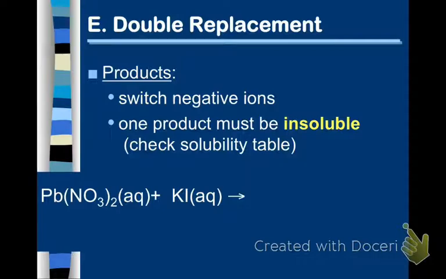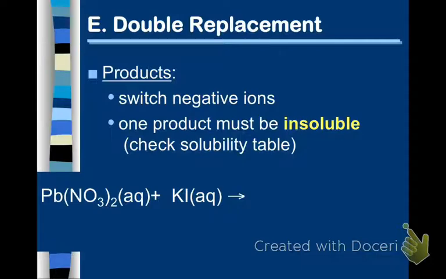Single replacement, check the rules, then form your products. In double replacement, form your products, then check your rules. In DR, you form your products first, then check your solubility rules. So in this, you have to form your products first.